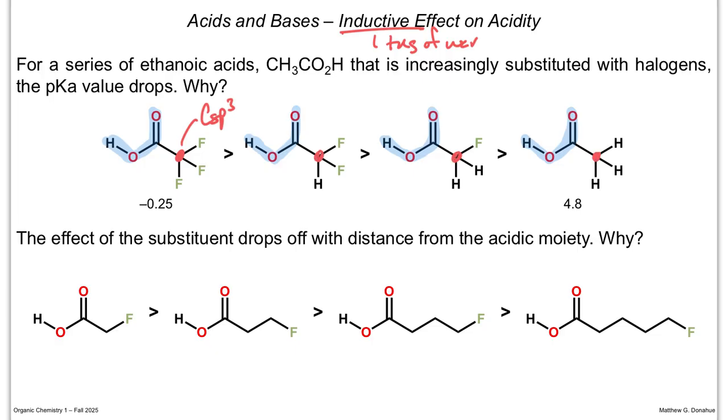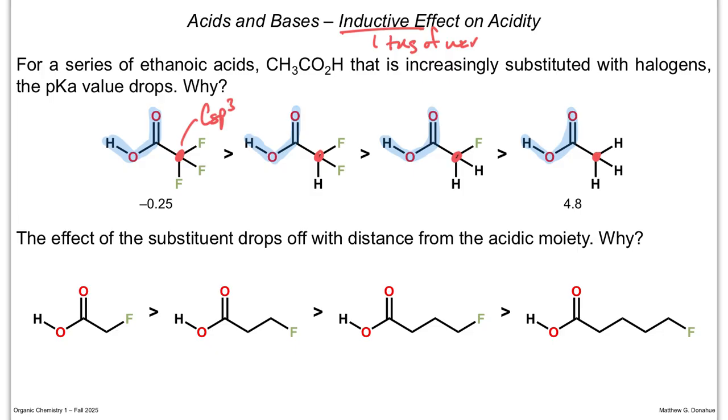All of those red dot carbons are sp3 hybridized, they're the same. But when you look at what's bonded to them, here you have 3 fluorines, and over here you have 3 H's. So the way to explain why this becomes more acidic as you add those heteroatoms is that through-bond tug of war effect, that is induction.